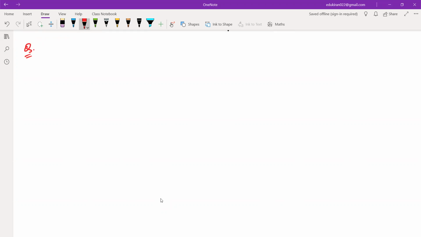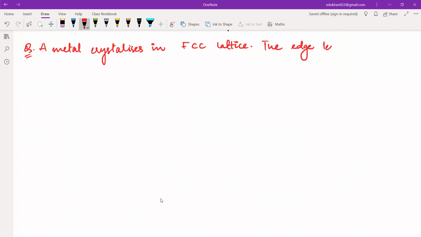A metal crystallizes in FCC lattice. The edge length of unit cell is 408 picometer.